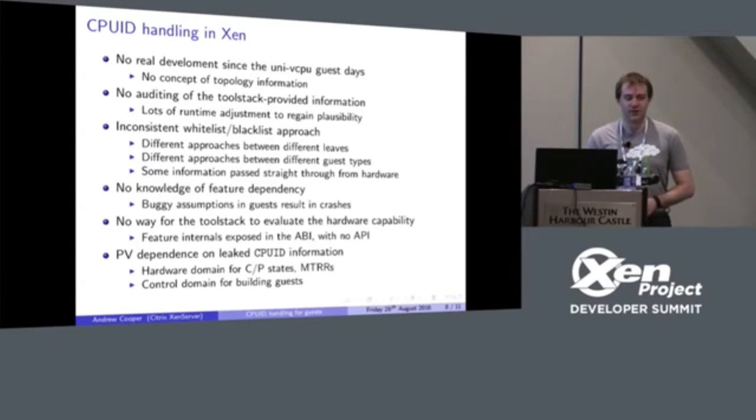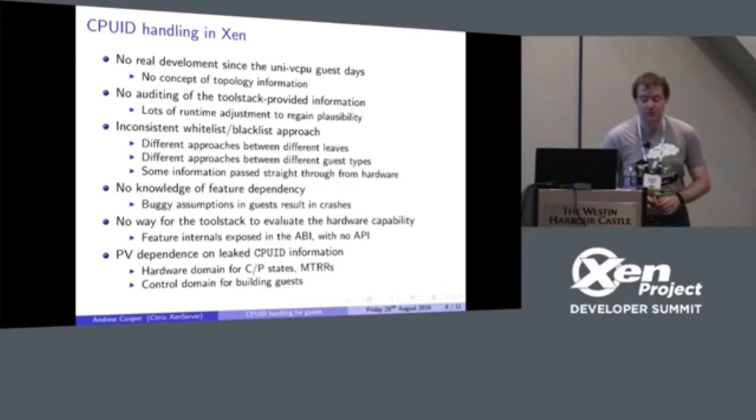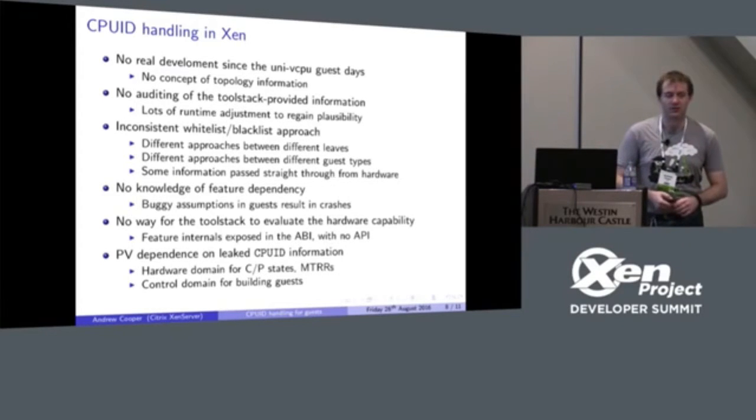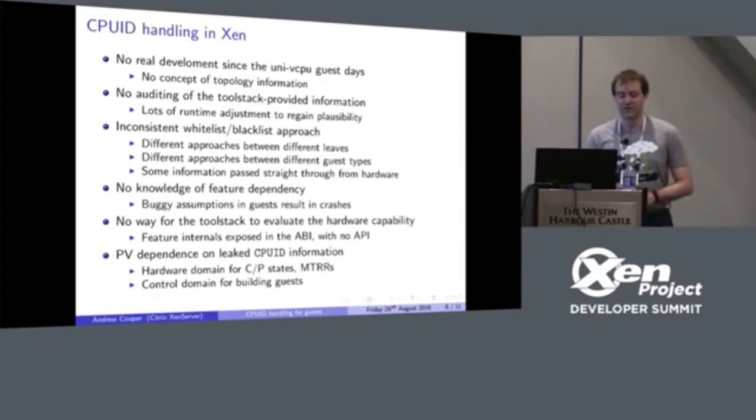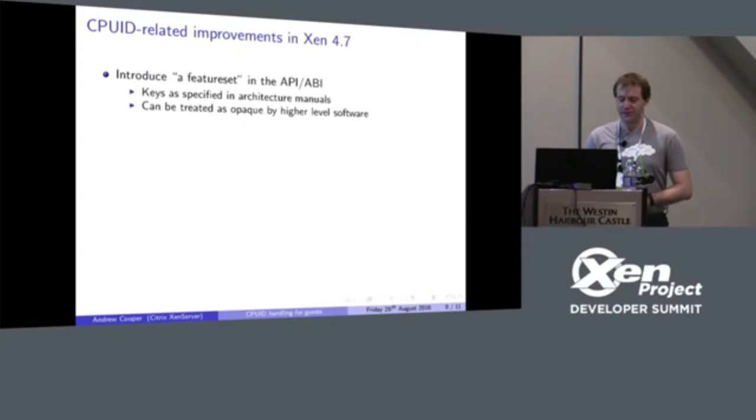The memory type and range register support for the classic PV kernels is particularly bad. And the tool stack at the moment, well, the control domain, currently relies on leaked information to construct HVM guests properly. So this isn't exactly great.